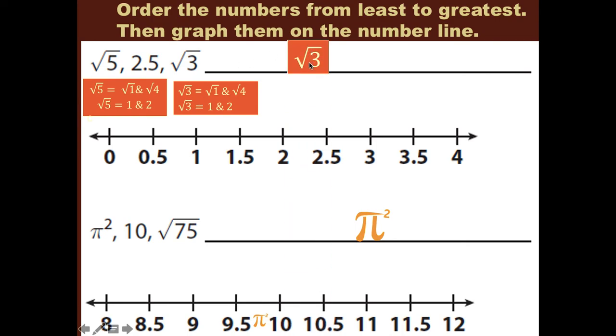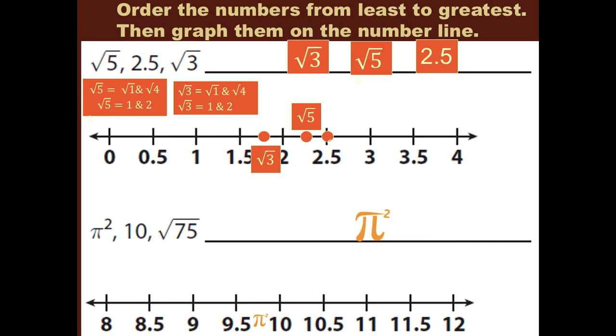Root of 3 will be the least, then root of 5, and then 2.5. So arrange them on the number line. Root of 3 is in between 1 and 2, so let us take it as 1.6. Root of 5 will be in between 2 and 2.5, and then 2.5 will be here. So this is how we are going to arrange them.